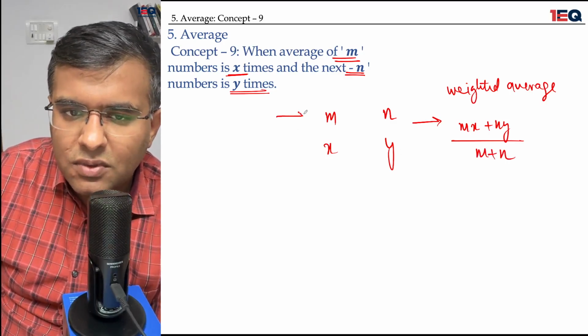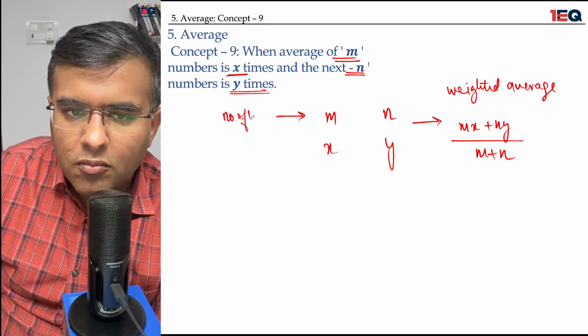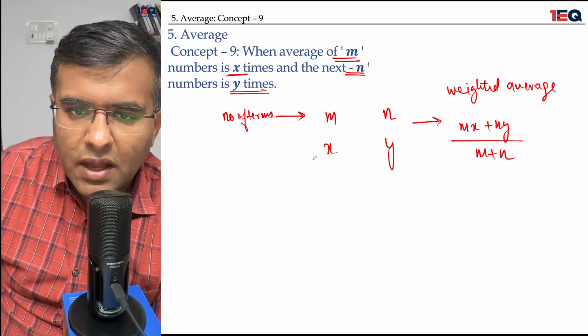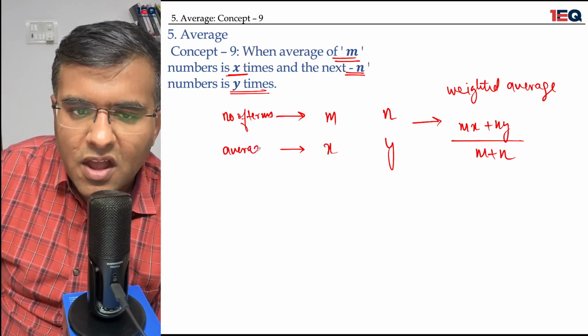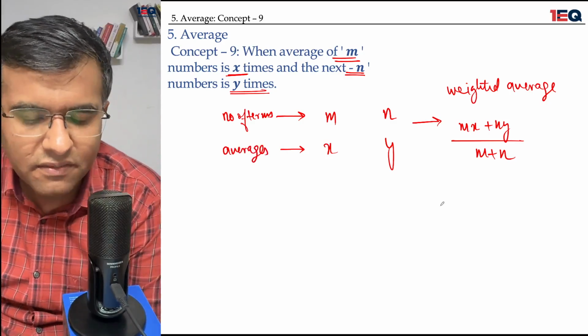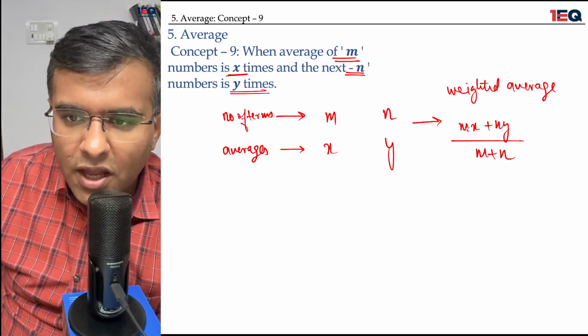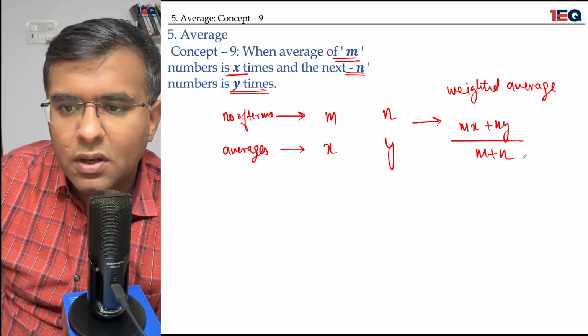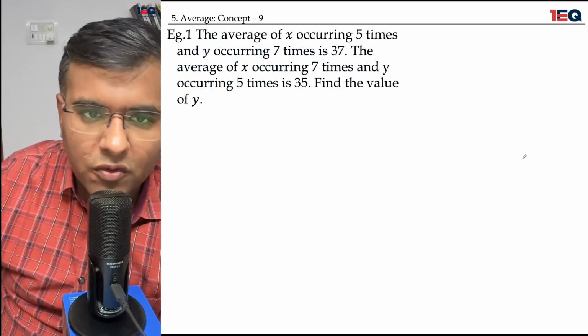This is assuming that m and n are the number of terms and x and y are averages. Okay, moving on.